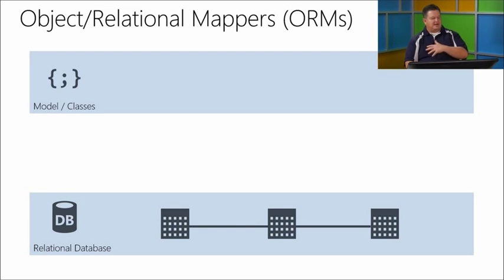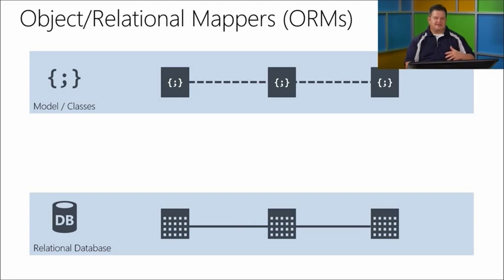But then on the other end is our code. And as developers, at least most days now, we tend to be working around objects and classes. If you're a XAML dev, you might be building MVVM models, and having ways of representing data as objects as opposed to relational structures.